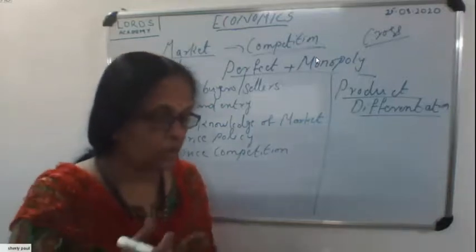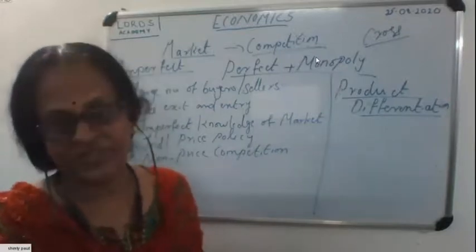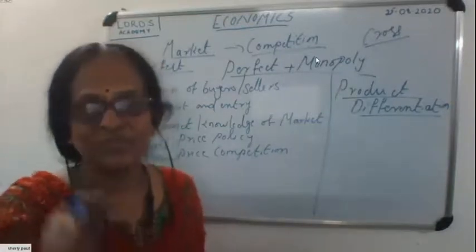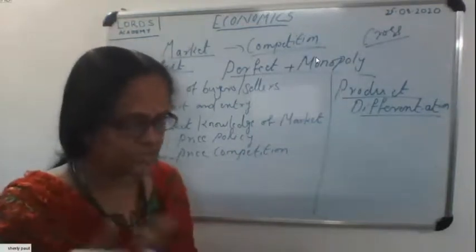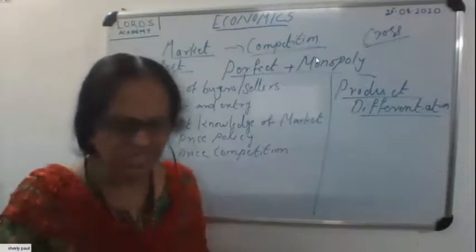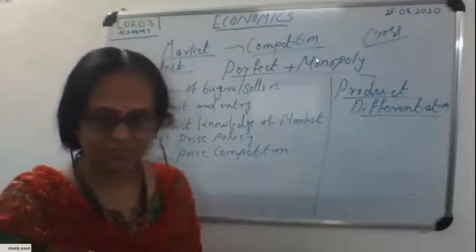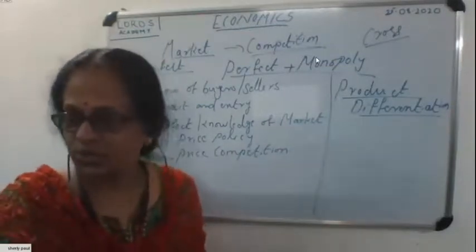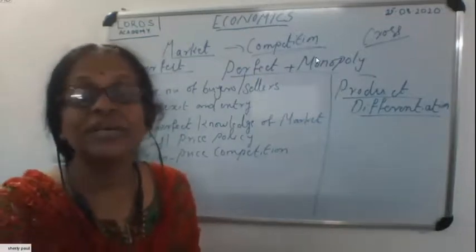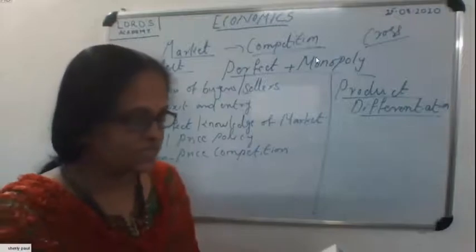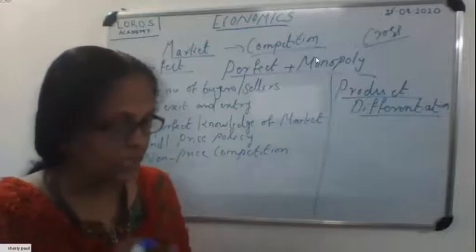For example, are all of you using the same toothpaste? No. Some use Colgate, some Close-Up, Pepsodent, Babool, Anchor, and Sensodyne. Many names are there, but the purpose is the same. It is the same with cool drinks, toilet soap, washing powder, and tea. Taj Mahal, Red Label, Three Roses, many names are there.